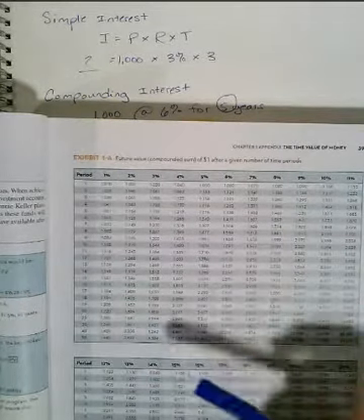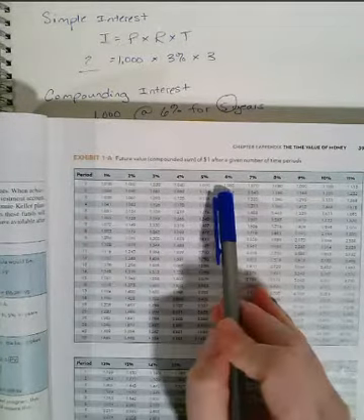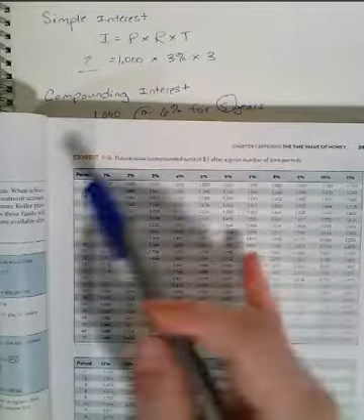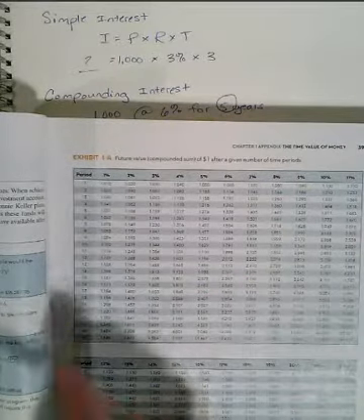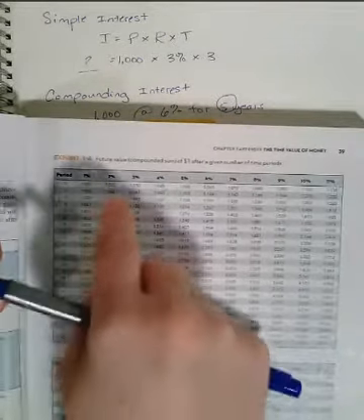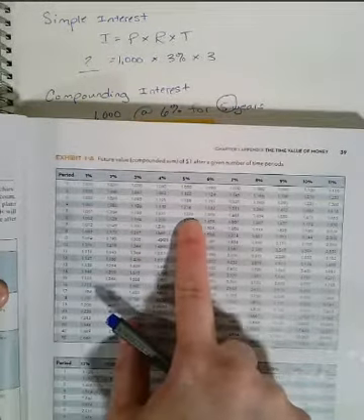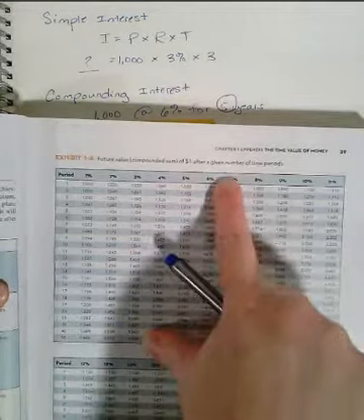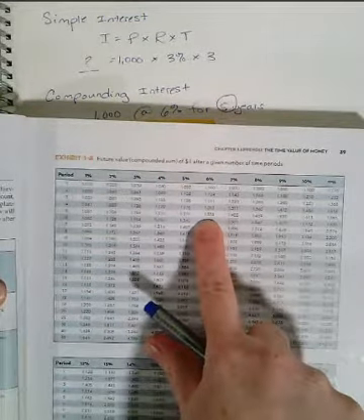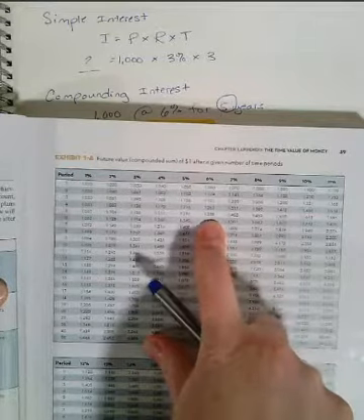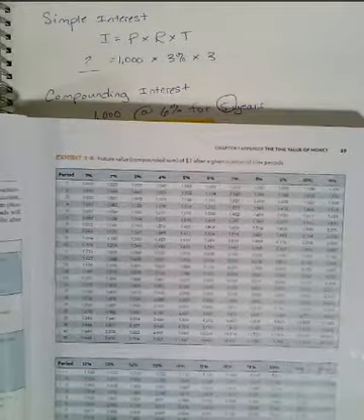It just depends on what type of table you're looking at. You identify the interest rate you're earning and the period, so how long it's going to be earning that interest. In this problem we had 5 years, and then we intersect it with the interest rate. So 6% at 5 years gives us 1.338. I don't know if you can see that, so you're just going to have to trust me, but it's 1.338.